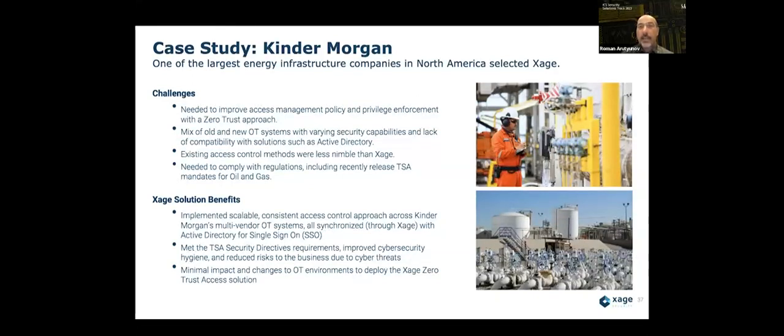Kinder Morgan is one of the largest pipeline operators, over 85,000 miles of pipeline, moving over 40% of the nation's gas products, with hundreds of sites across the pipeline and tens of thousands of assets, connected over various types of networks, anything you can imagine.